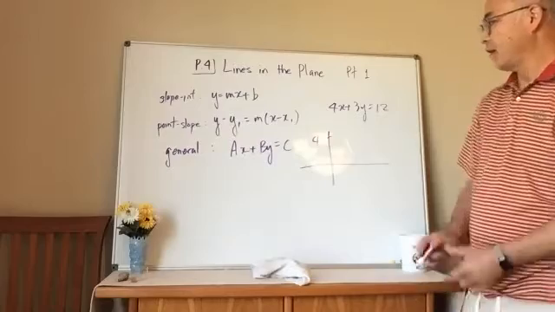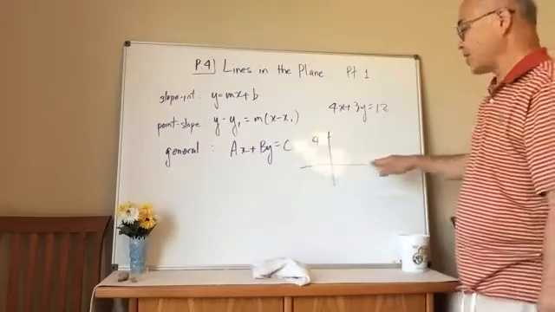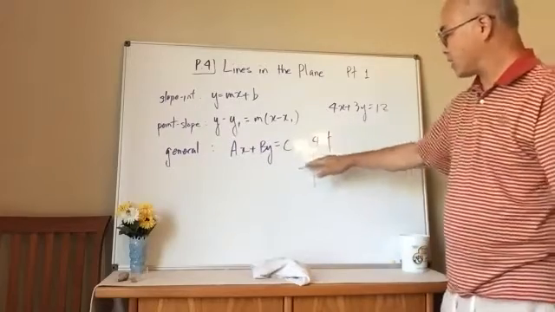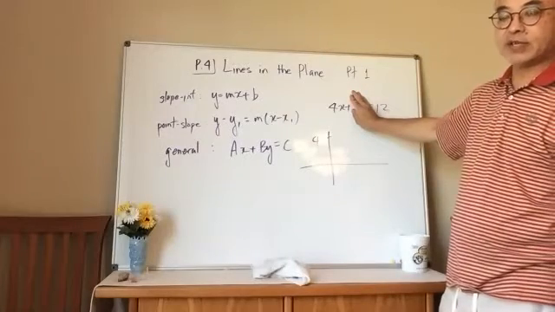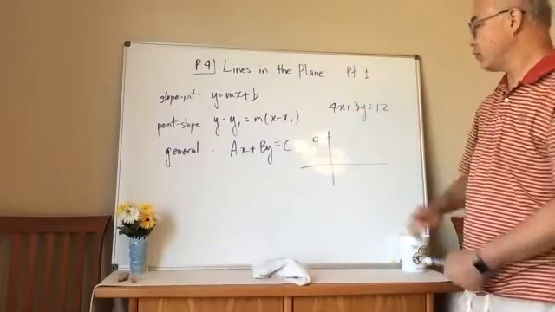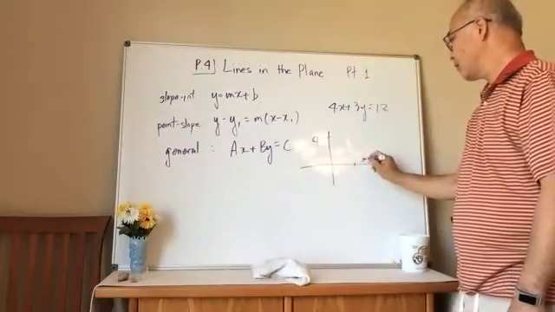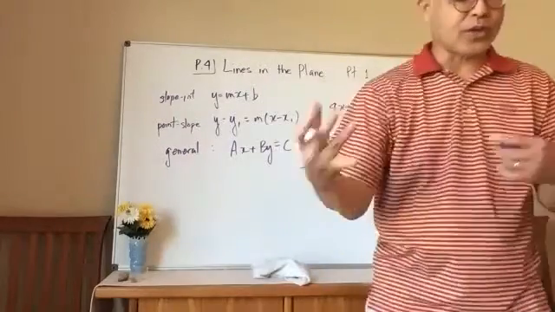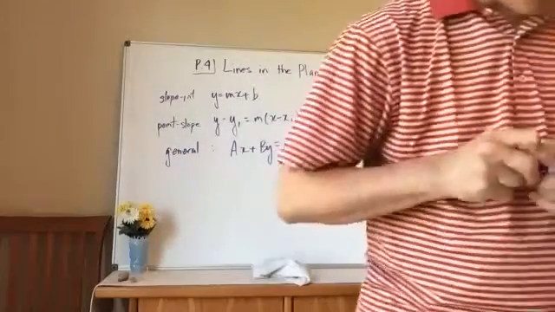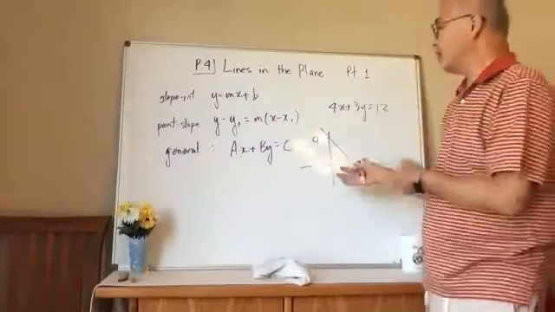And then if I want the x-intercept, that happens when y is equal to 0. So y goes away. I have 4x is equal to 12, which means that x is going to be equal to 3. I'm done. So can you see how easy it is to draw that line? This is why we have the general form.